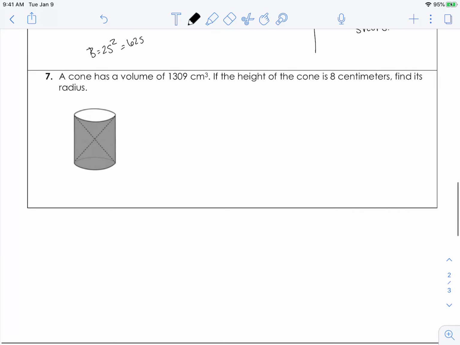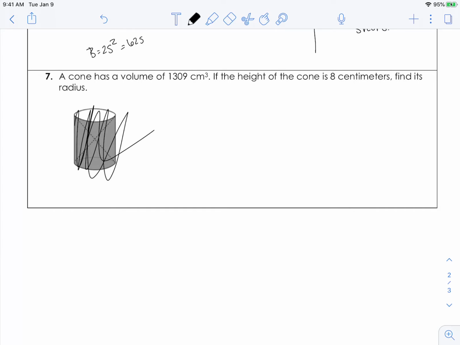Okay, and then the last one. A cone has a volume, you don't even need this picture, that's the wrong picture. A cone has a volume of 1,309 centimeters cubed. The height of the cone is 8 centimeters. Find its radius. So our total volume is equal to 1/3 pi r squared times 8. And I just solve.